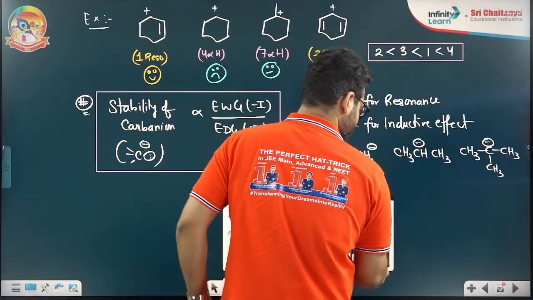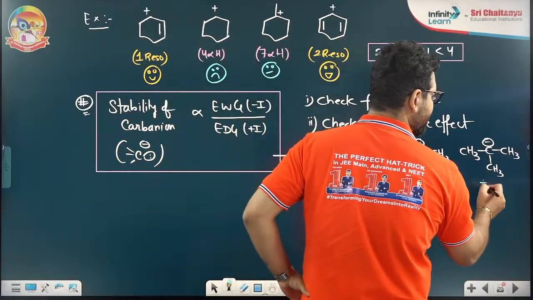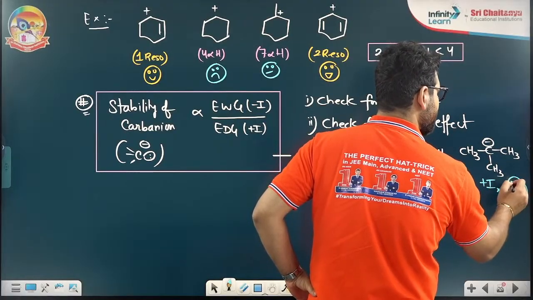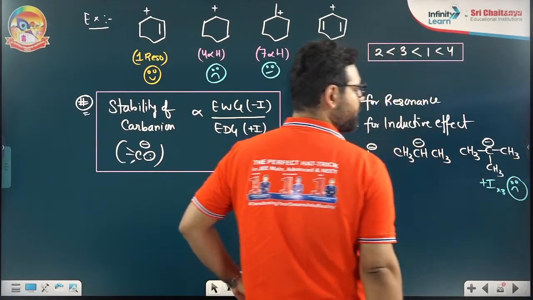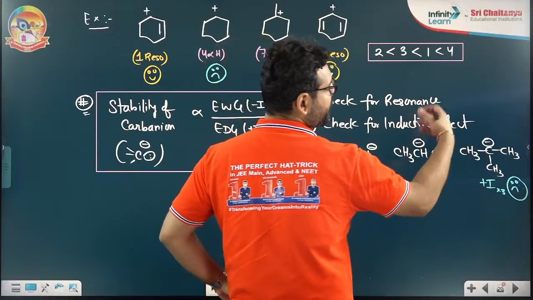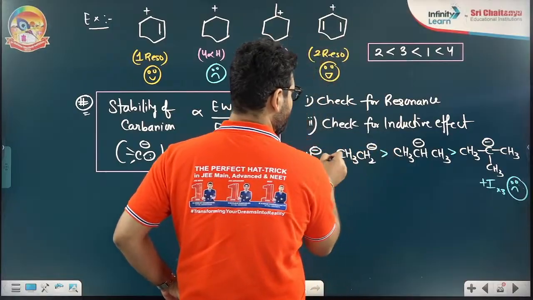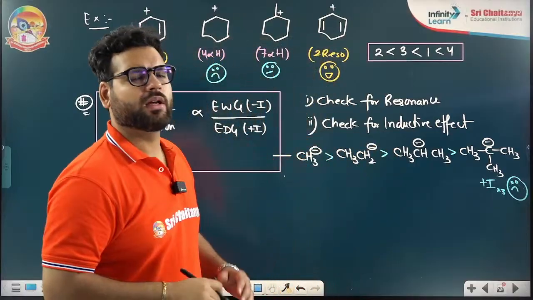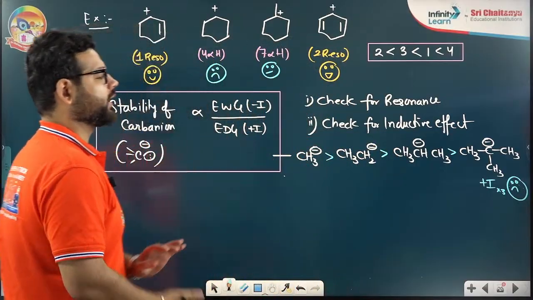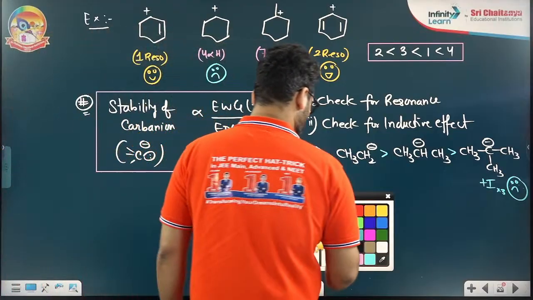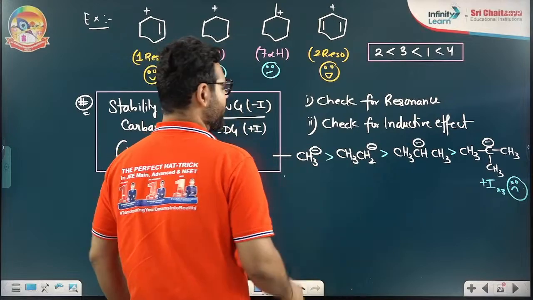Directly go for inductive. Here, three groups are sending plus I, which will make it very, very unstable. Three groups are sending electrons, it will become too much negative, very unstable. So the best one is the primary carbanion, which has no inductive effect from three alkyl groups. So we don't have to check any alpha hydrogen or anything.